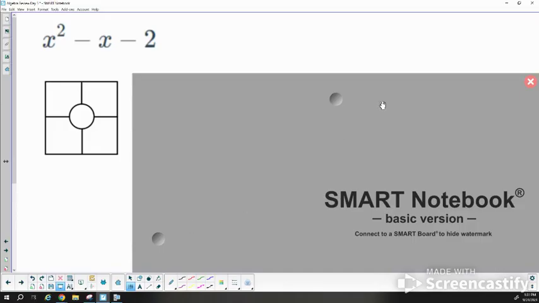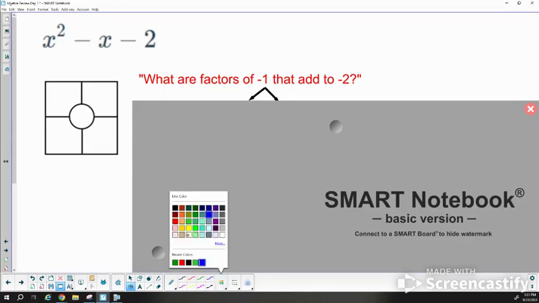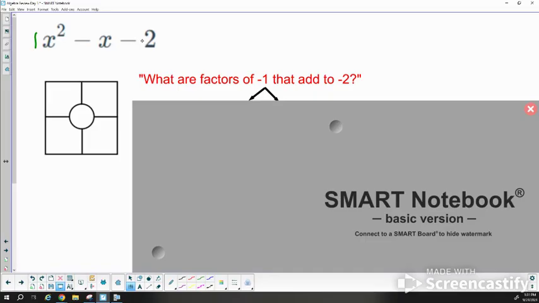All right, now that you had a chance to try it, let's take a look. What do we technically do? Well, we're going to multiply the leading coefficient times the constant term.